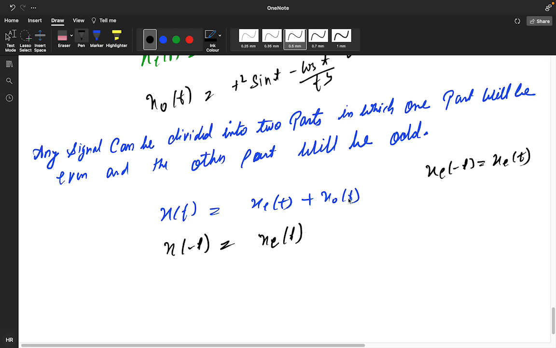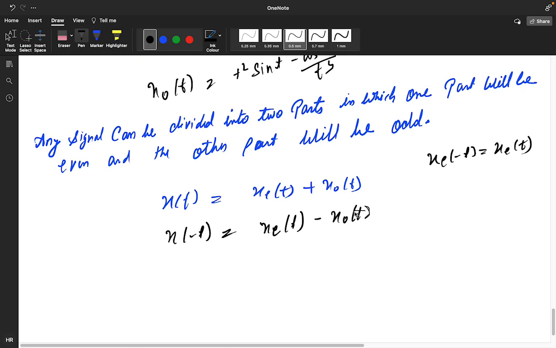And in the odd part, if you substitute minus, it will come out as minus x of t, because I told you the property. Let me correct it.